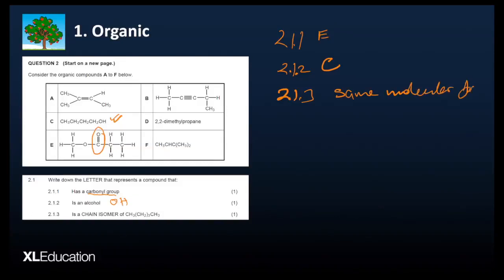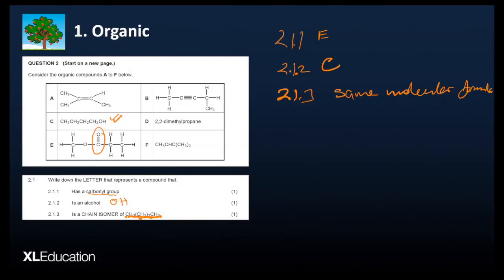If we have a chain isomer of this one, CH3, CH2, and CH3, we need to know, yes, this one has 3 carbons there, so 3 plus 1, that gives us 4, and this one is 5.